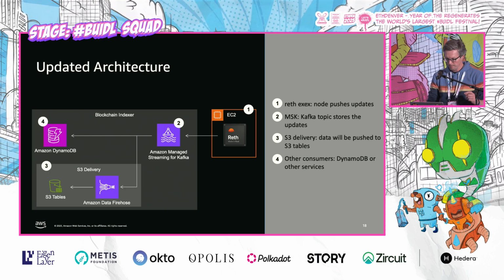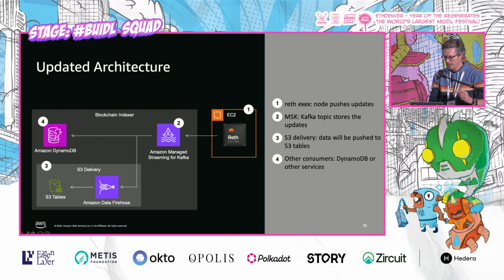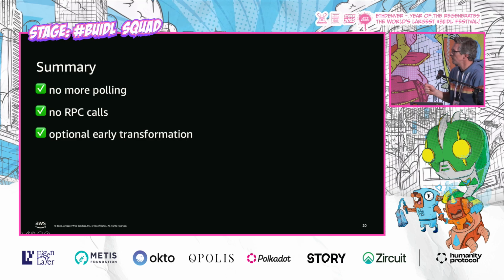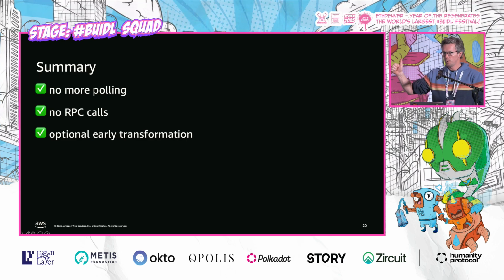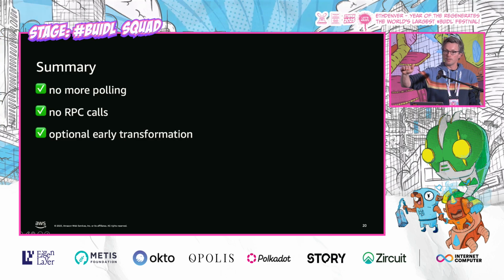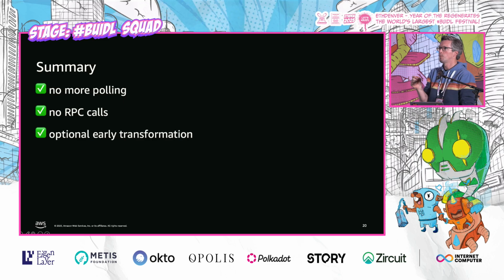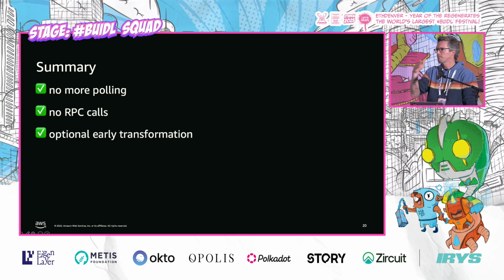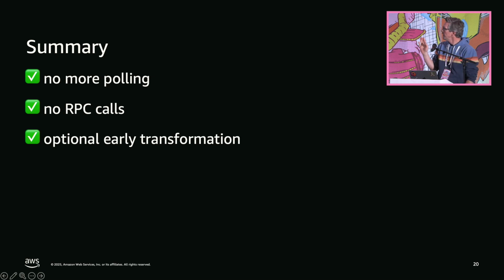So now what we have done is really killed three birds with one stone. One is no more polling. Really, our node pushes data into our indexing, exactly what we want. Second one, no RPC calls. We don't have to do this whole RPC business. I put it again because it's so important. It makes it so much quicker.